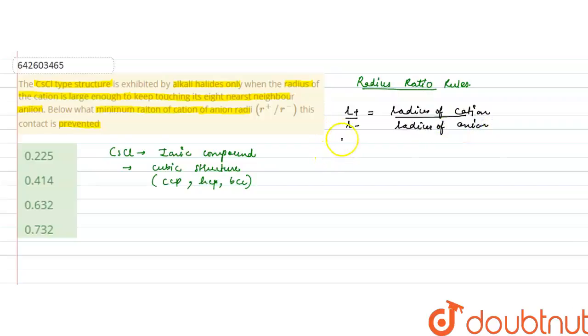So it tells that if this ratio, that is R positive to R negative, is in the range of 0.225 to 0.414, then tetrahedral holes will be occupied.